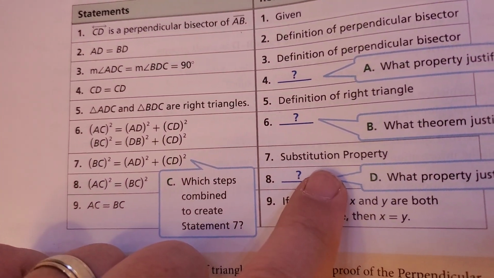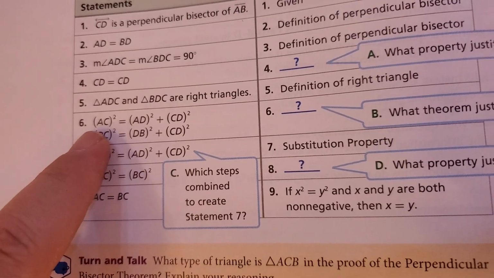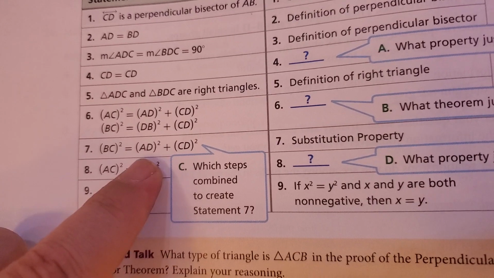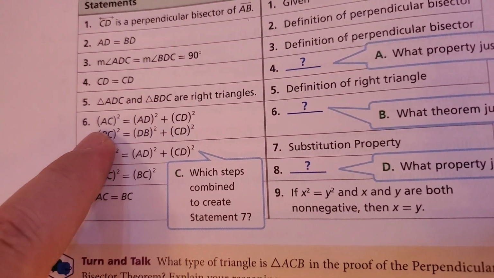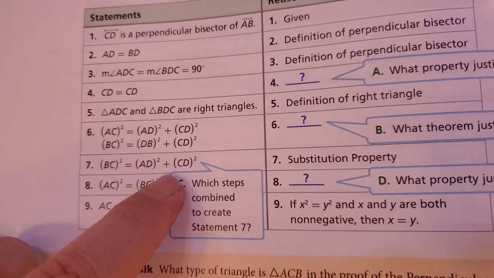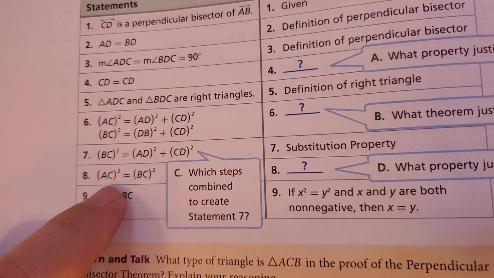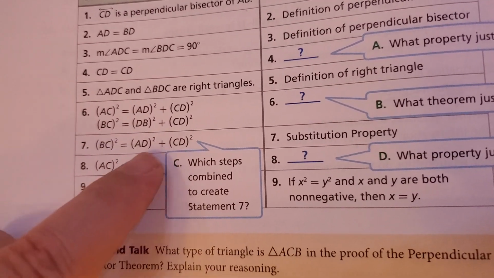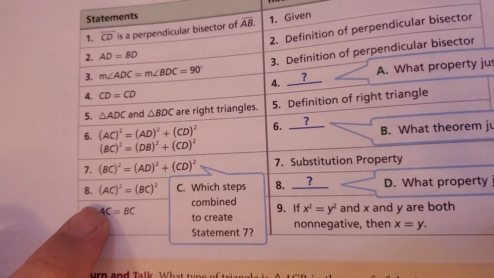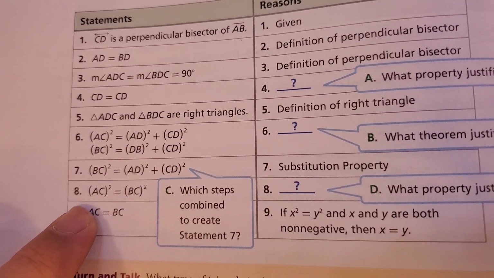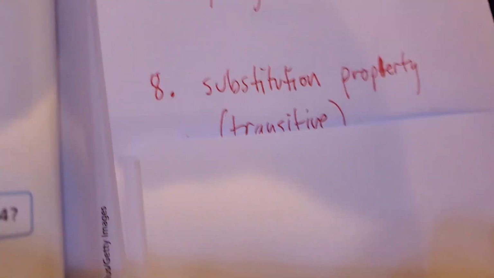We're doing a substitution. And while we're at it, you could even plug the AC back in for the AD plus CD up here. Since AD plus CD equaled the AC squared, we can replace this part with the AC, and now we've got BC squared equals AC squared. They kind of flip that around so it looks a little confusing, but they simply did another substitution.